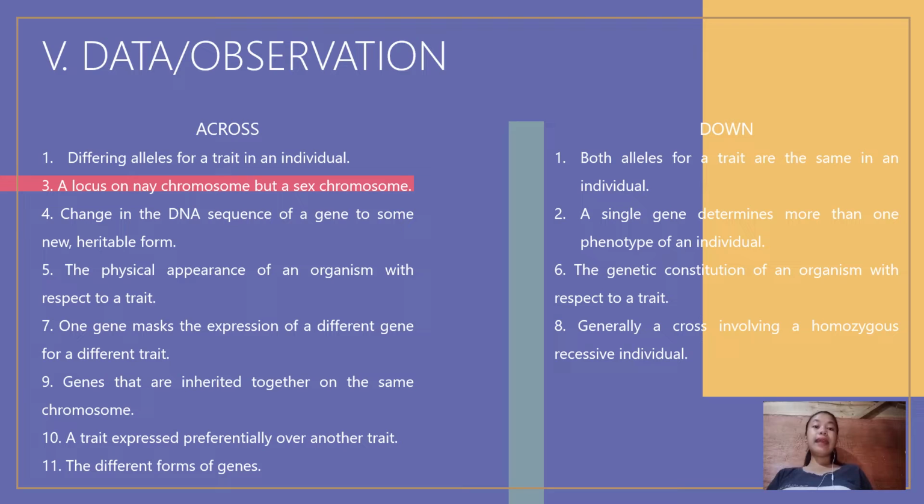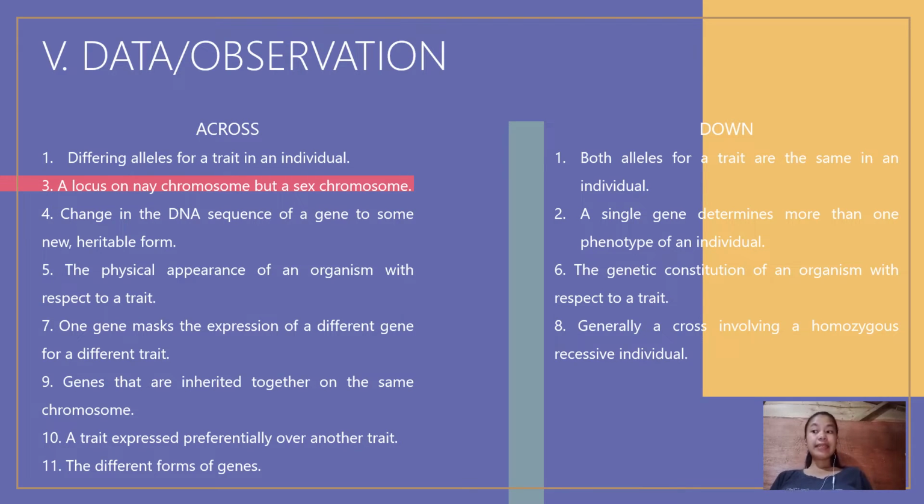So, in the data and observation, the crossword puzzle. Number 1, in a cross, differing alleles for a trait in an individual. From the words differing alleles, it is heterozygous. Number 3, a locus on a chromosome but not a sex chromosome. Yes, it is autosomal. Number 4, change in the DNA sequence of a gene to some new heritable form.